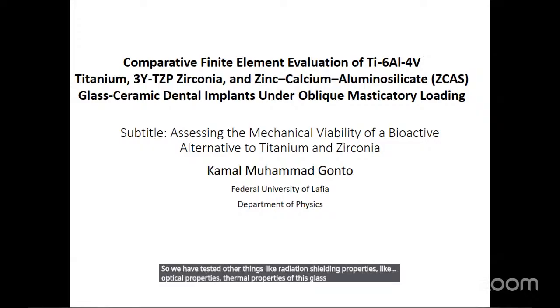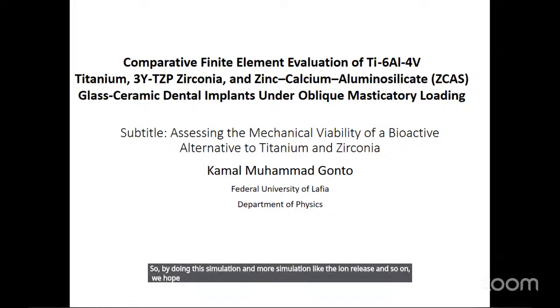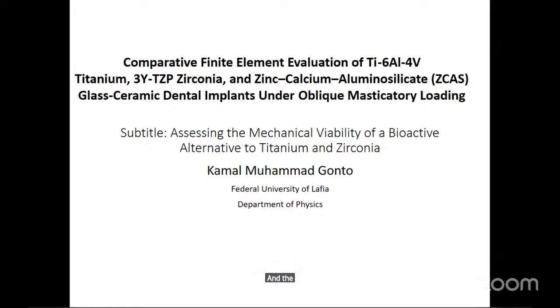Now we are just going into seeing if it has bioactive properties too. So by doing this simulation and more simulations like the ion release and so on, we hope that we'll be able to have a composition that can compete with titanium and zirconia, which are now market grade, and the materials that are used globally.